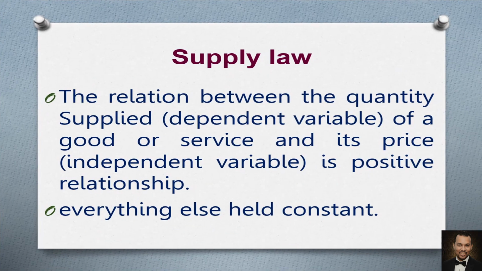The next, the supply law. To understand the supply law, imagine you are a producer or seller. Any increase in the price of your product is good news. So there is a positive relationship between quantity supplied of any product as the dependent variable and its price as the independent variable, all the other factors constant.